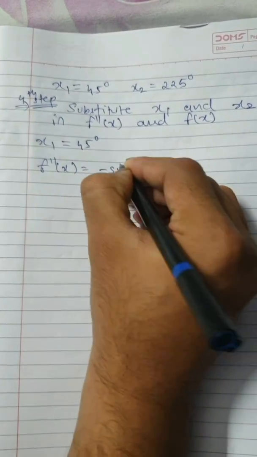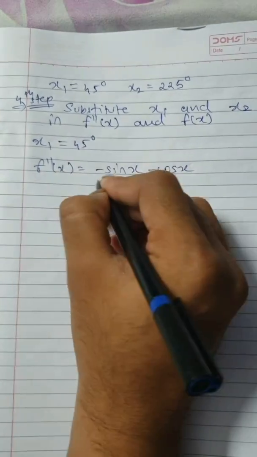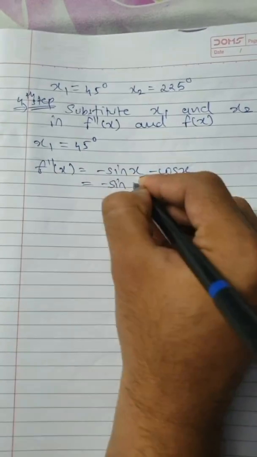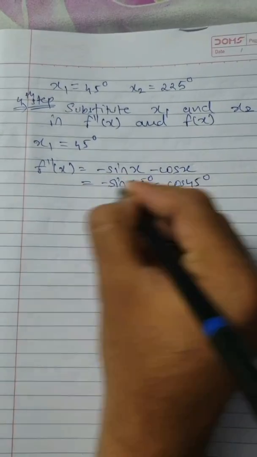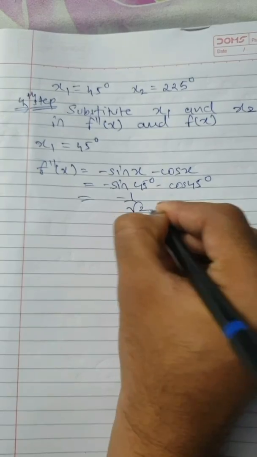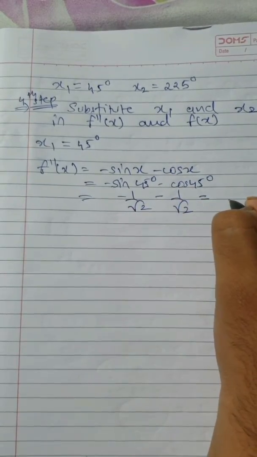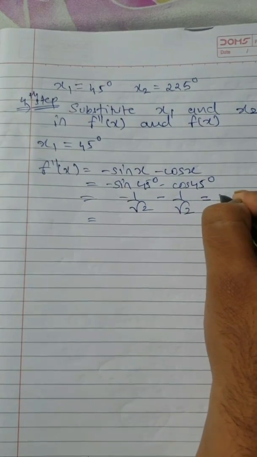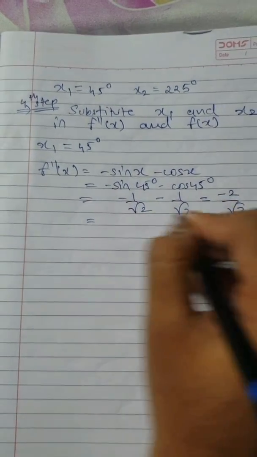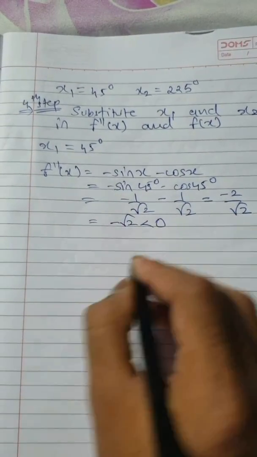That is minus sin of x minus cos of x. Now I will substitute x as 45 degree. So minus sin 45 degree minus cos 45 degree. So minus 1 by root 2 minus 1 by root 2. What will be the answer? It will be equal to minus 2 by root 2. So our final answer will be minus root 2, which is less than 0.